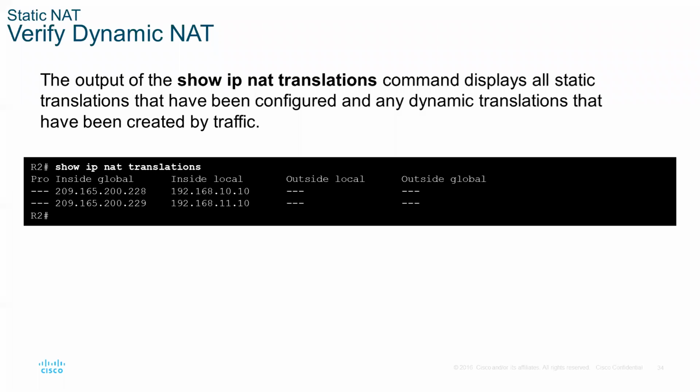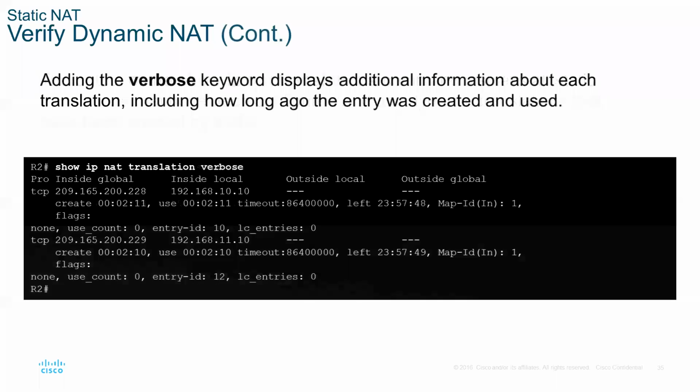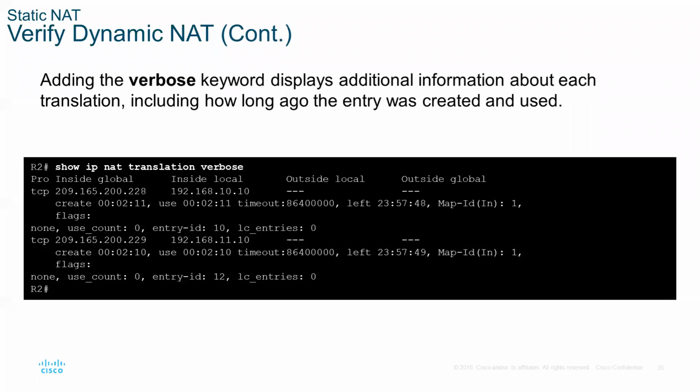The IP NAT translations can be seen, and it will list all of the local addresses and the global addresses that have been used. If we type in the verbose keyword at the end, this will give us specific information about each translation.